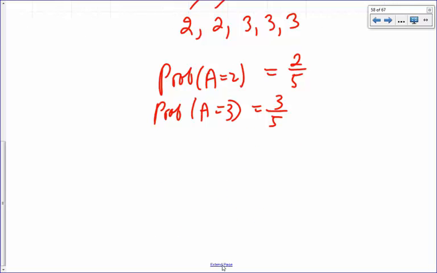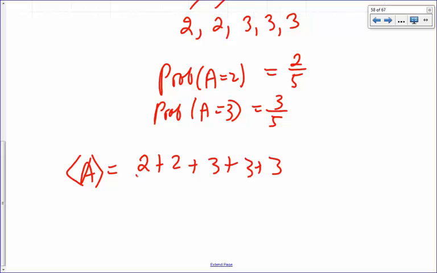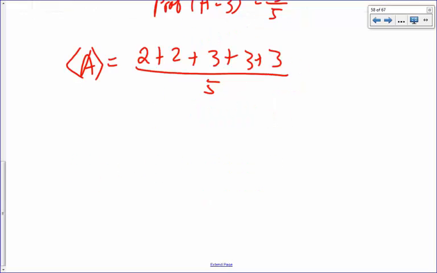So what's my average, if I were to do this lots and lots of times and always get a 2 to 3 ratio? What would be the straightforward way of doing it? You say 2 plus 2 plus 3 plus 3 plus 3 divided by 5. But what's another way of doing this?